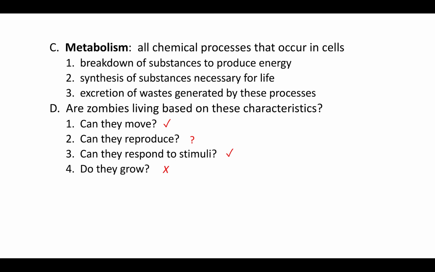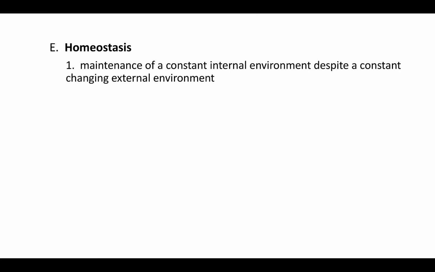So we're also going to look at what homeostasis is. That's the maintenance of a constant internal environment despite a constantly changing external environment. A good example that we'll look at is maintaining body temperature. In the human in particular, there are a lot of different homeostatic mechanisms in place to maintain body temperature.